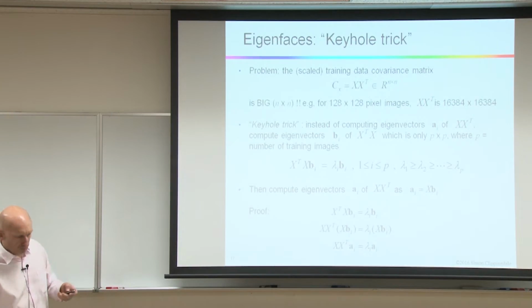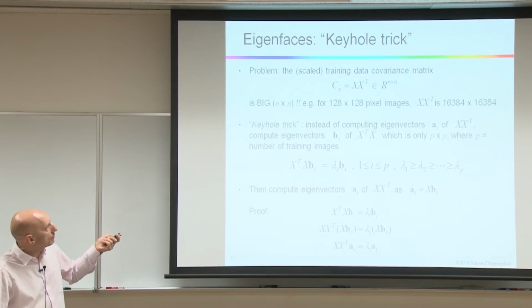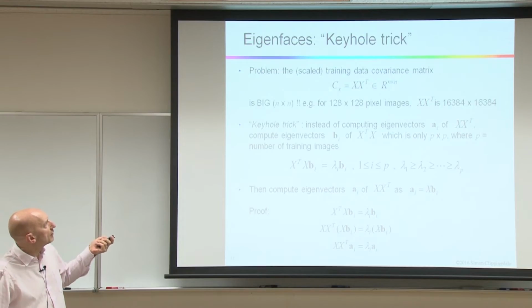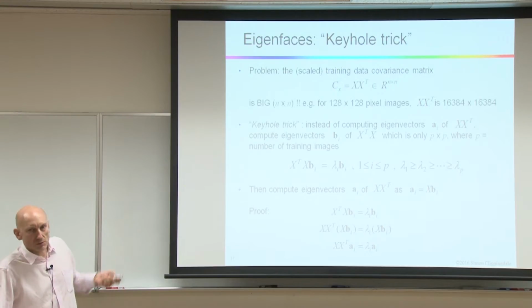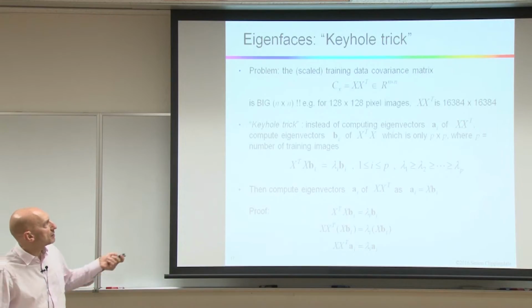there's one problem potentially with trying to use the eigenvector technique raw, and that is that you need to find the eigenvectors of your data covariance matrix. The problem with that is that this can be a very big matrix.